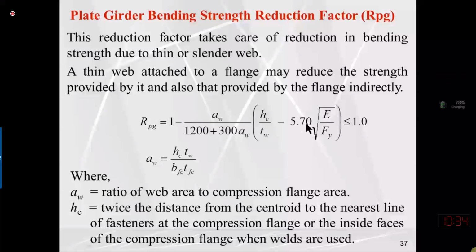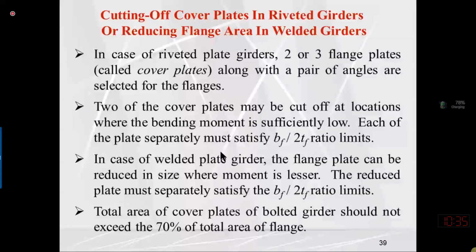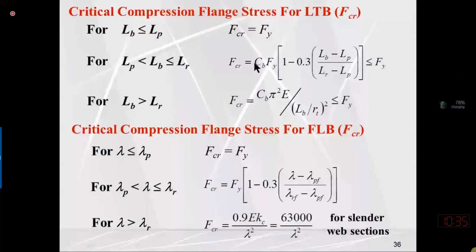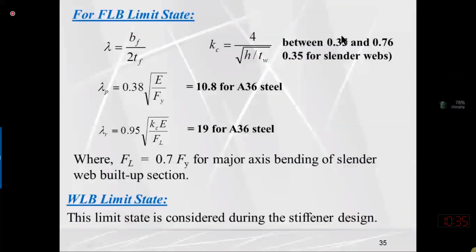AW can be computed by this parameter, which is the ratio of the area of the web to the area of the flange. And the FCR value, how will we determine it? The FCR value I have just explained over here.